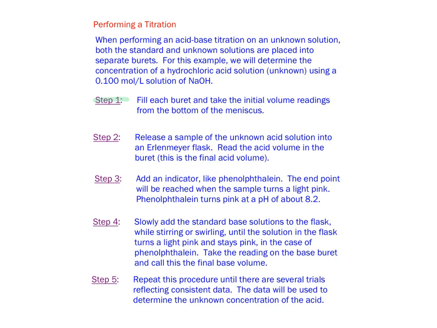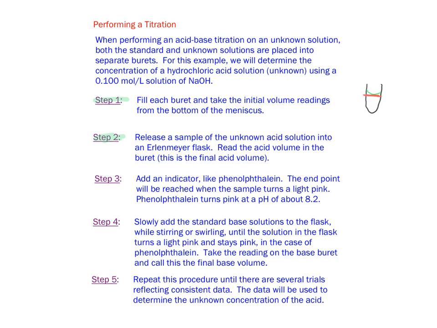And all that basically means is, if this is your test tube and you have something like that, then the readings you would take would be right from the bottom of the meniscus right there. Okay. Step 2, release a sample of the unknown acid solution into an Erlenmeyer flask.